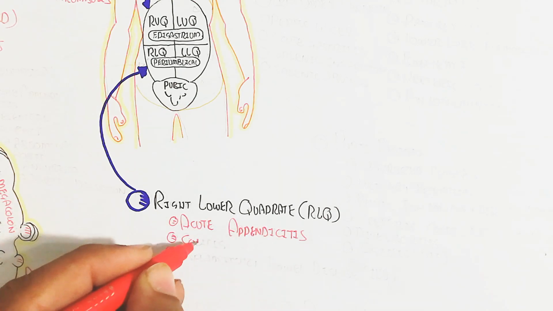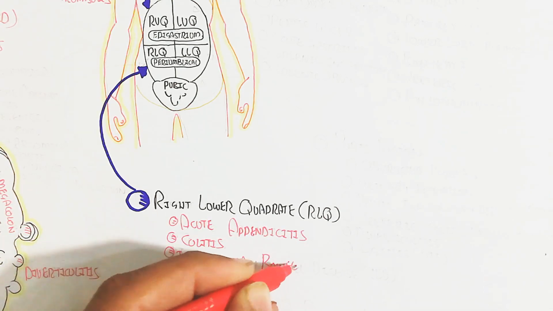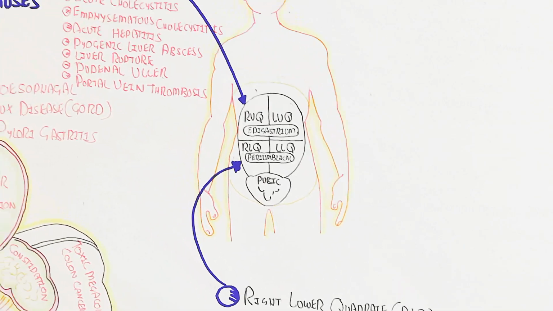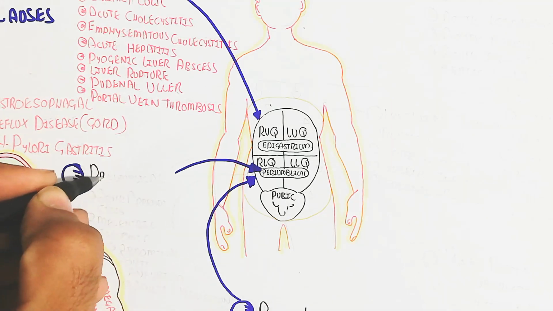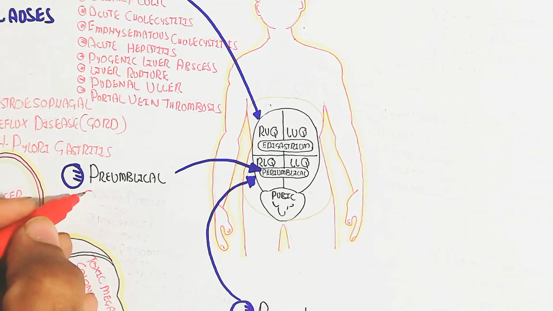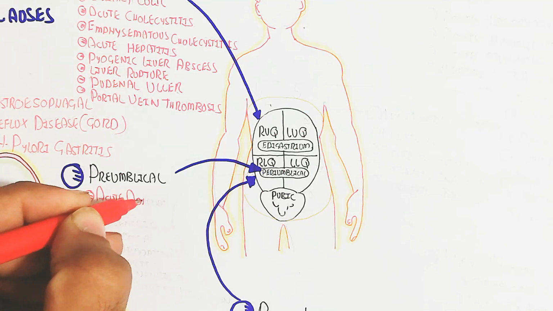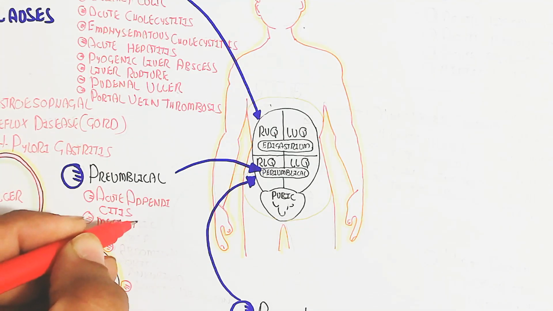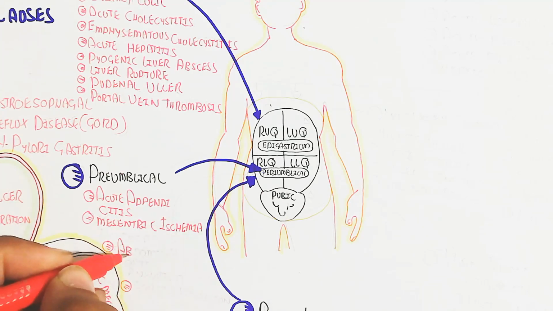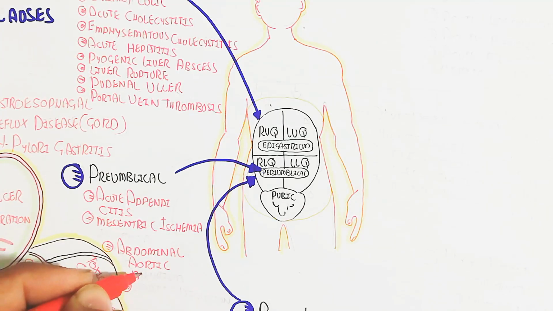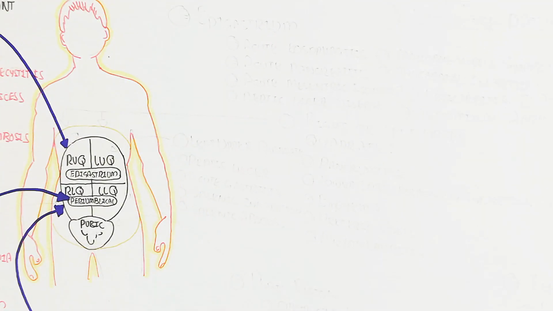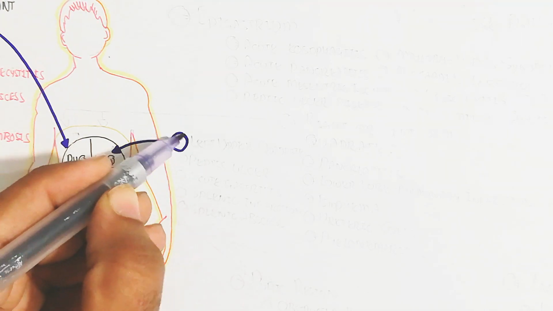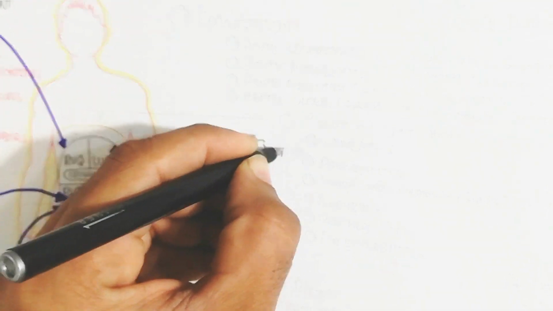This is the right lower quadrant, which involves acute appendicitis and colitis, inflammatory bowel disease, IBD. The periumbilical region involves acute appendicitis also and mesenteric ischemia. Abdominal aortic aneurysm and aortic dissection also involve periumbilical pain. Epigastrium we will discuss later, but first we will understand the left upper quadrant.